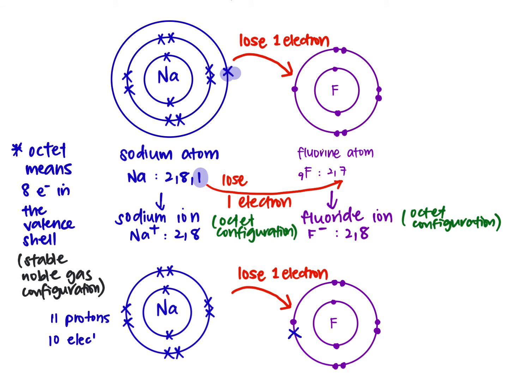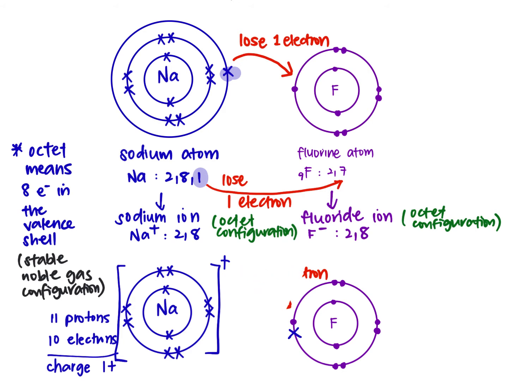Now that sodium has 11 protons and 10 electrons, sodium is now positively charged by an additional 1 positive proton. For fluorine atom, it has gained 1 electron.